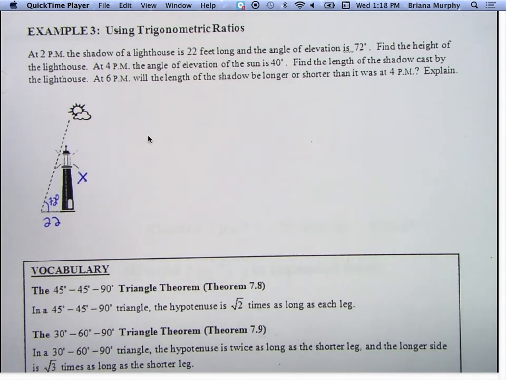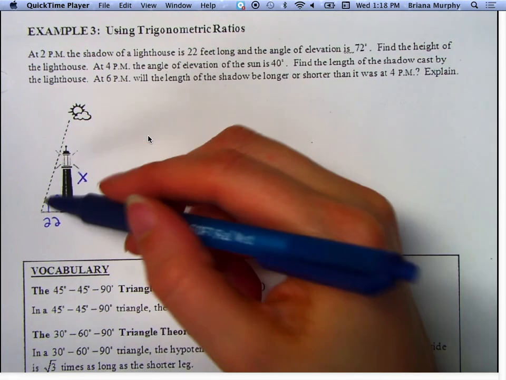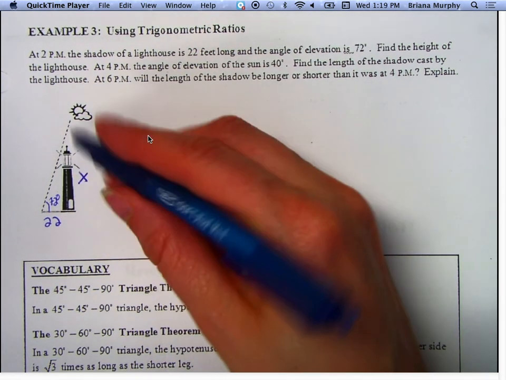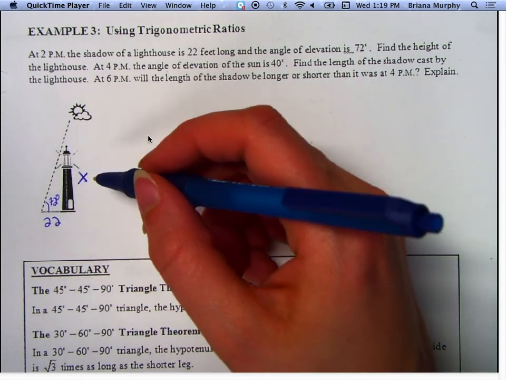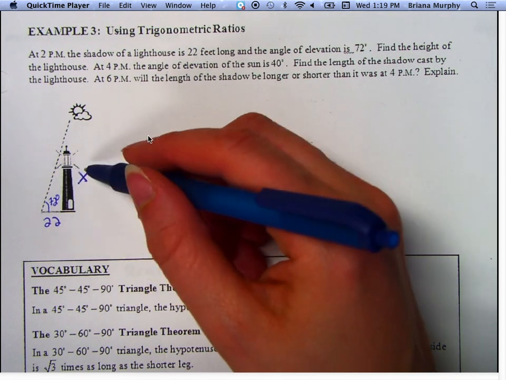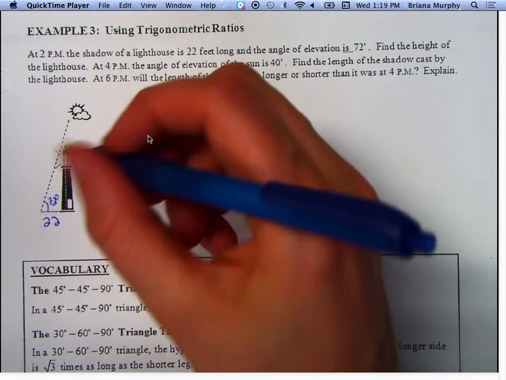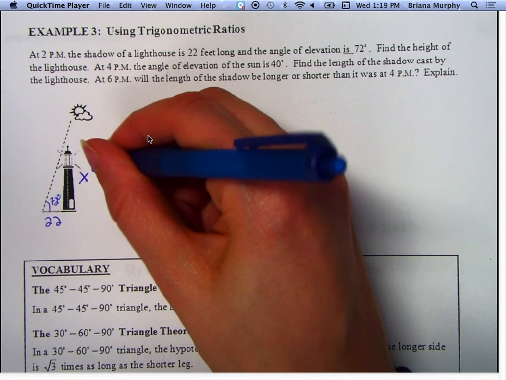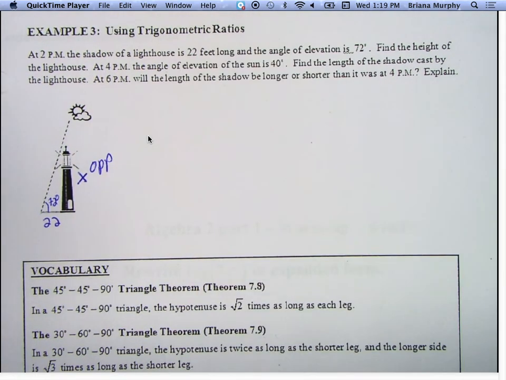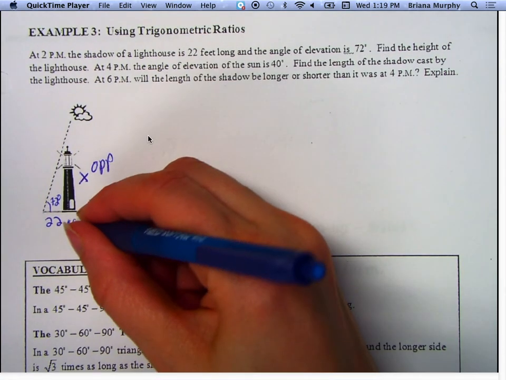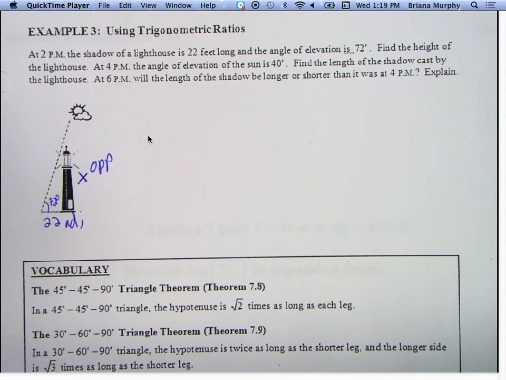Okay? So we've got the what? X. The height of the lighthouse is opposite, adjacent, or hypotenuse of X? And 22 would be opposite, adjacent, or hypotenuse with 72? Adjacent. And so what formula are we going to have to use? Sine, cosine, or tangent.